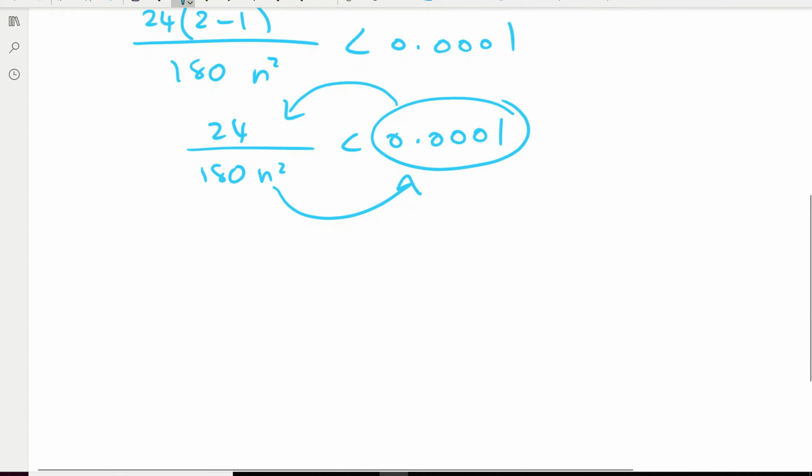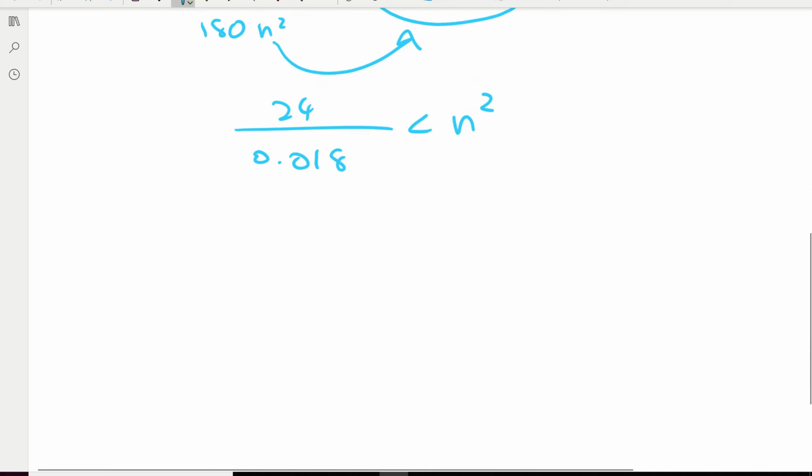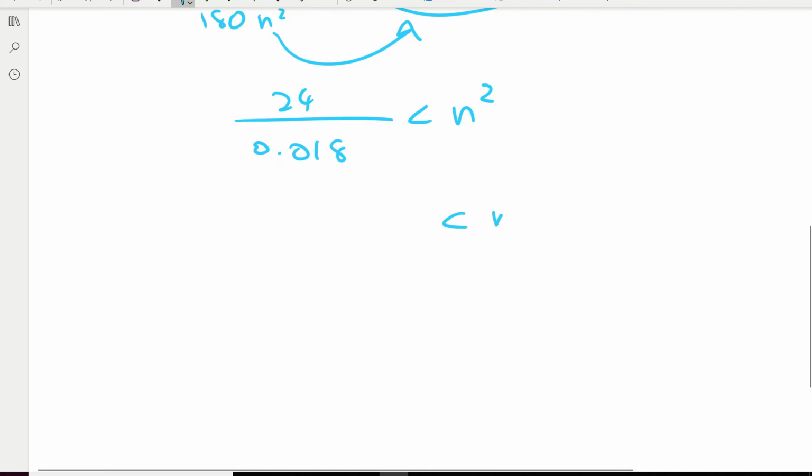Both are positive values, so the inequality sign doesn't change. If you divide by 0.0001, this is going to be 0.018. I'm not going to simplify anything, because I just need to take the root of the left-hand side. The root is going to be positive because n can only be positive, since it's the number of subintervals.